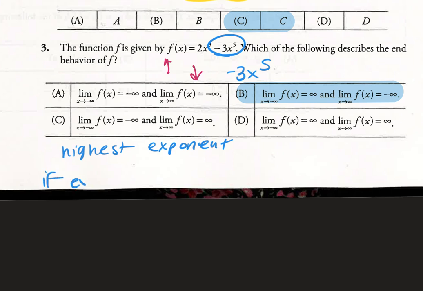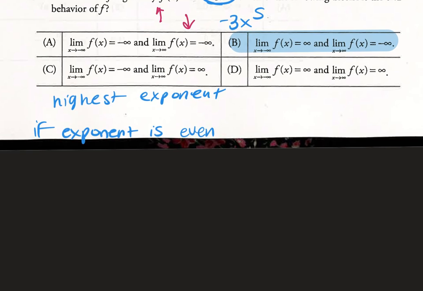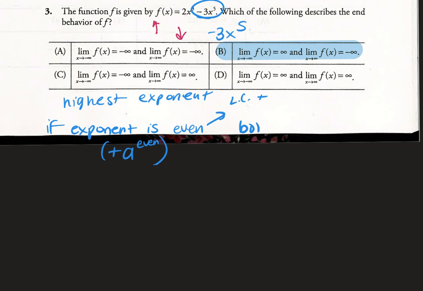If the exponent is even and the leading coefficient is positive, so it's a positive a to the even power, something like that, then both point up.